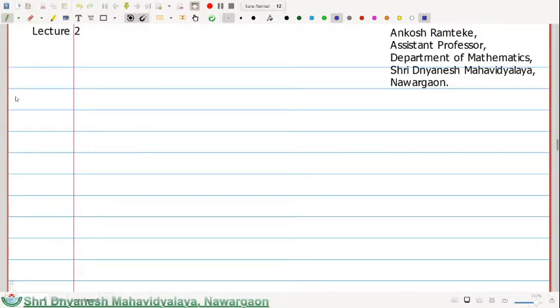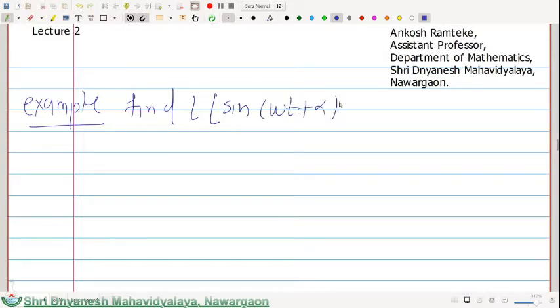Example: Find the Laplace transformation of sine(omega t plus alpha), where omega and alpha are constants.